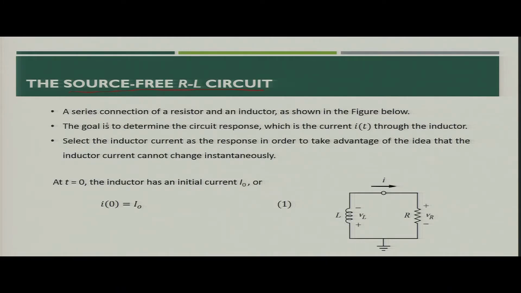The circuit we will consider for today's discussion is an RL circuit, where the elements are connected in series in a loop. The goal of this analysis is to find the current i(t) flowing through the inductor.